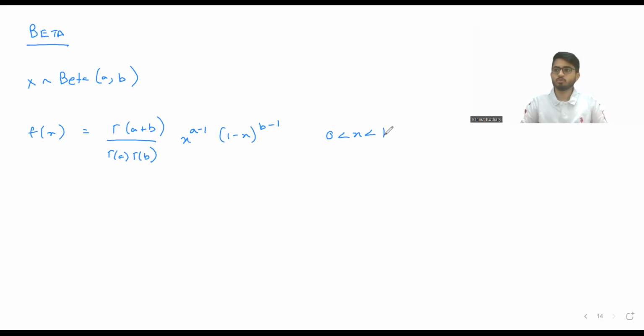In all other continuous distributions we have covered so far, it was taking the value between 0 to infinity. Here it can take the value only between 0 to 1. Again, here CDF does not exist in a closed form.